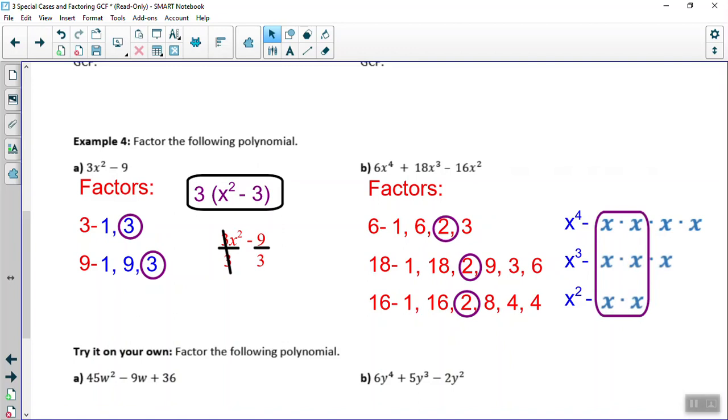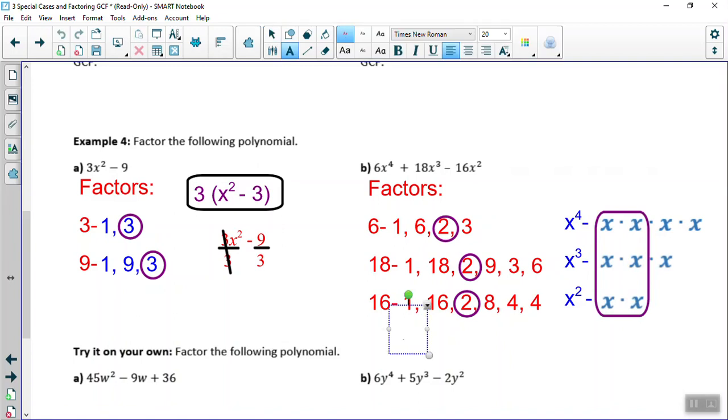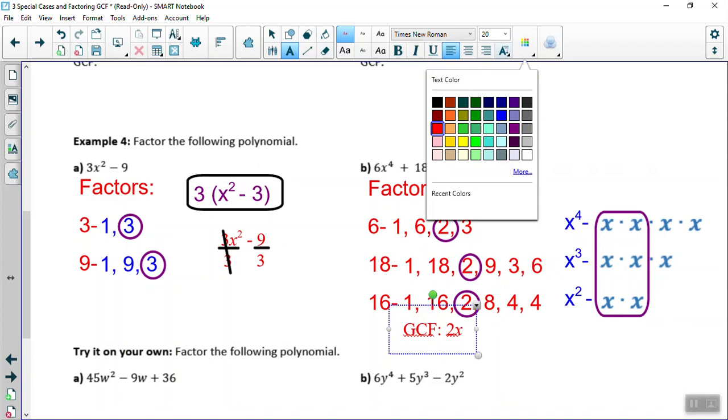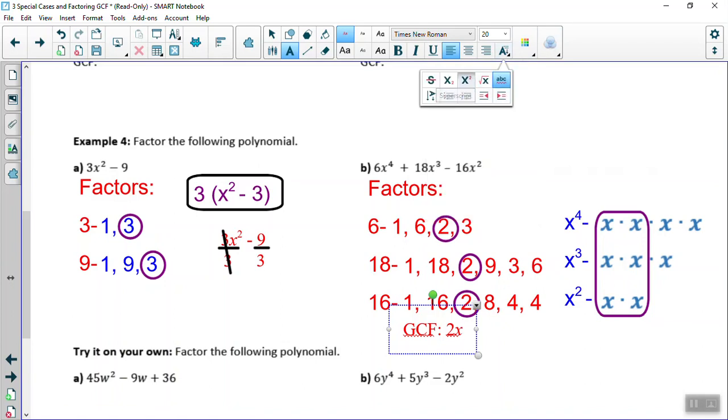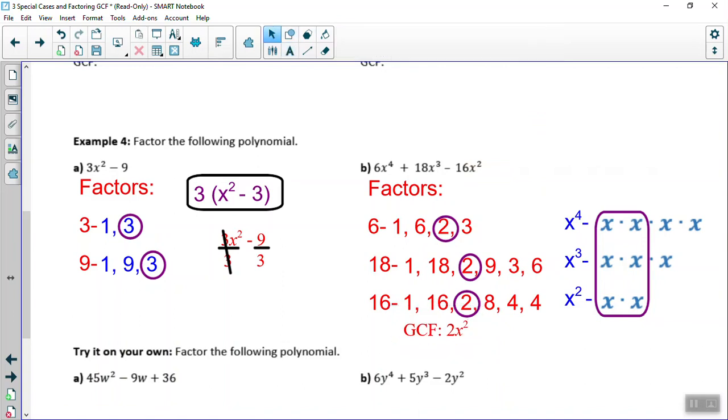So x squared is what they all have in common. So my greatest common factor here for this one, it's not written out, but I'm going to type it in here. So my GCF for this is going to be 2x squared. 2x squared is my greatest common factor for this one.